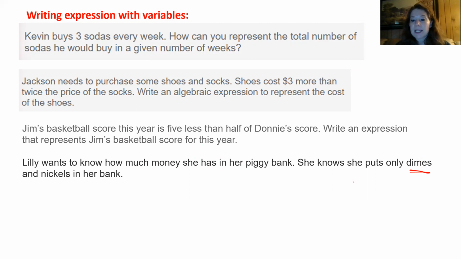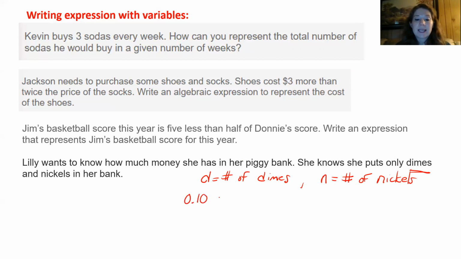So we don't know how many dimes she has. So let's let D equal the number of dimes, because we don't know how many she has. And we're going to let N represent the number of nickels. We don't know how many nickels she has, but we do know the value of a nickel. Does that make sense? So however many dimes she has, we would multiply it by 0.10, D, as in times the number of dimes, plus she has some nickels in her piggy bank.